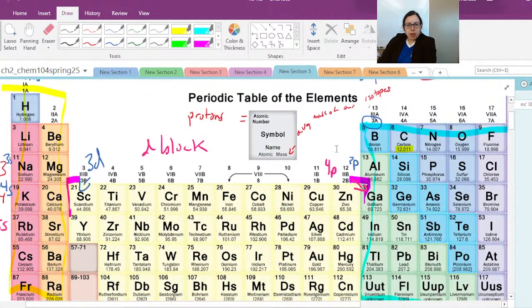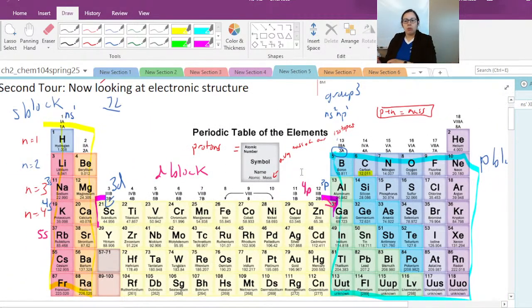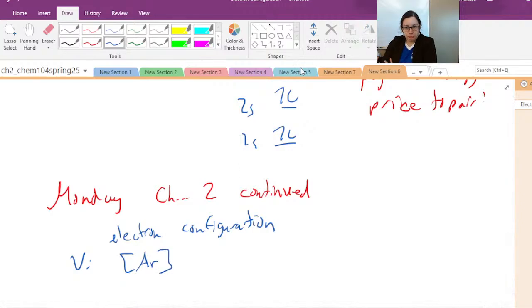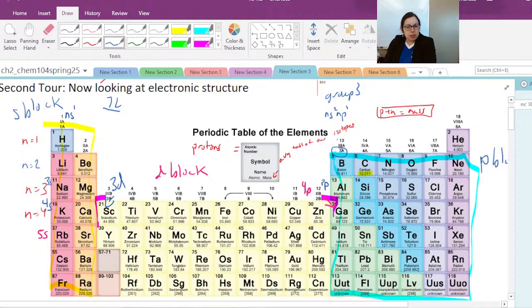And so again, going back to our notes, we can start at argon, right? Previous noble gas. So now we're at argon. And again, make sure it's labeled. So 4s2, and then 3d, 1, 2, 3.